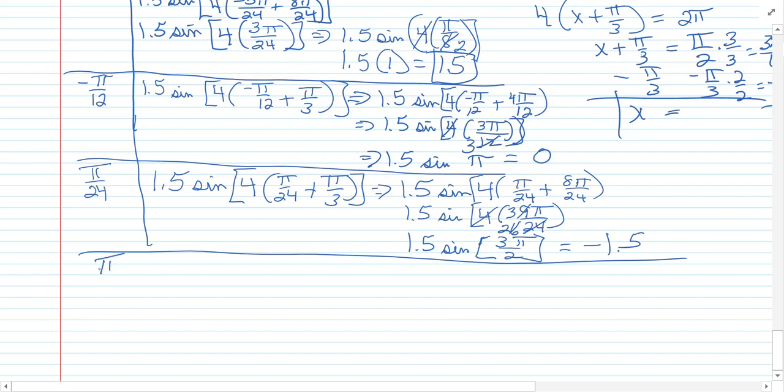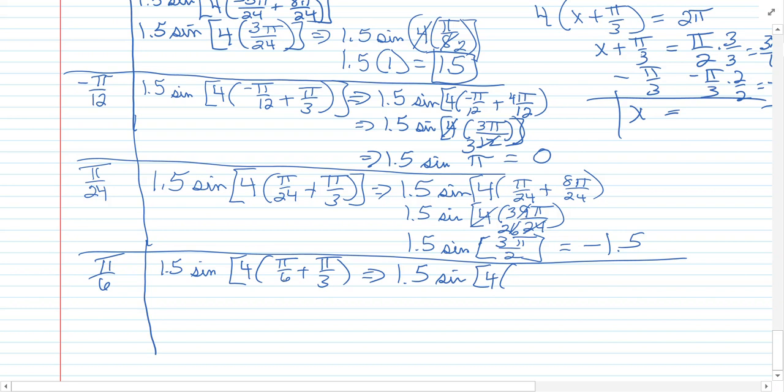Okay, so I have pi 6s. So that's 1.5 sine of 4 parenthesis pi 6 plus pi thirds. And I'm going to have 1.5 sine 4 parenthesis, and this is 6s, so that's 2. So that's 3 6s.